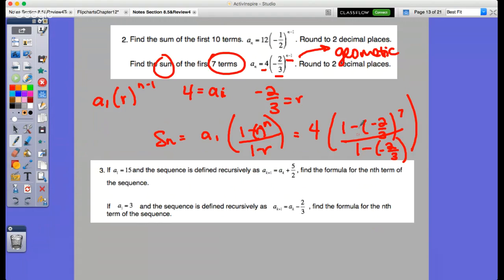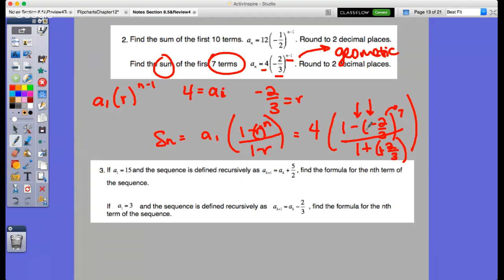So because of this, please do not, right here and here, make that positive, because you've got to do the negative 2/3 to the 7th first. Do 1 minus that, multiply by 4, and then divide by the bottom. Notice the bottom, I could actually make this positive because there's no exponent here. But once there's an exponent, you've got to do this first prior to making it positive. Okay?